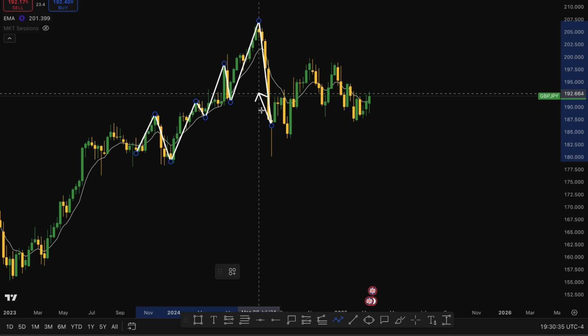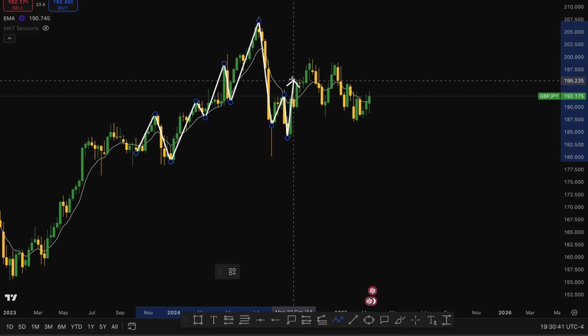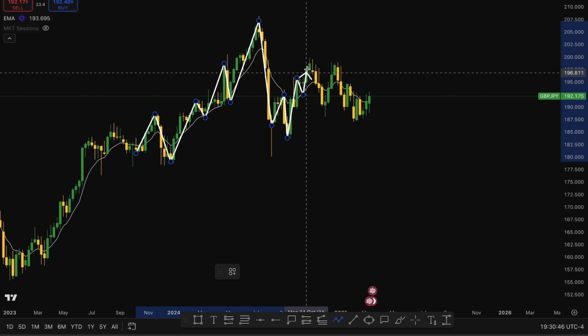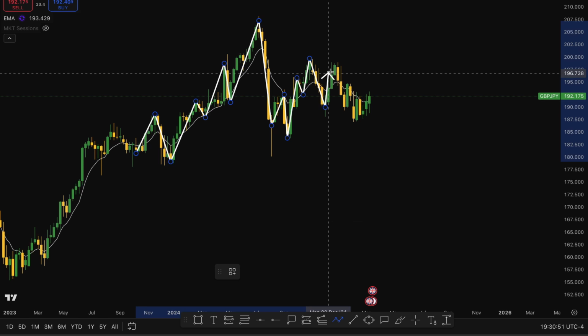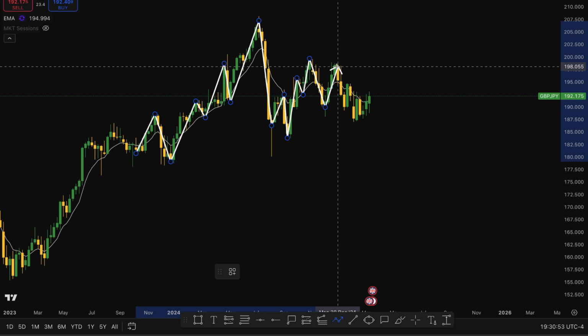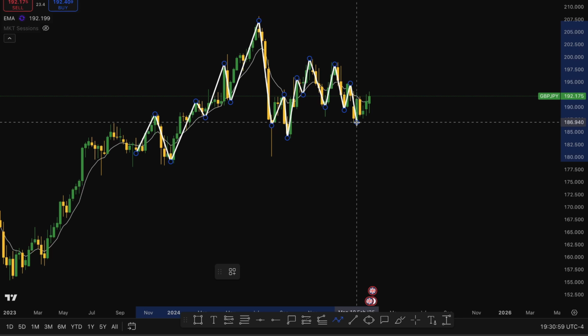So price broke structure around here, retested just in here, gave us a new low, broke above that new low, made basically a bullish shift, continued upwards, and then it broke that previous low. Here it created a lower high, continued to make lower low, lower high, and lower low.